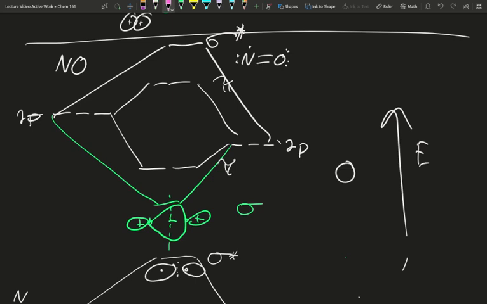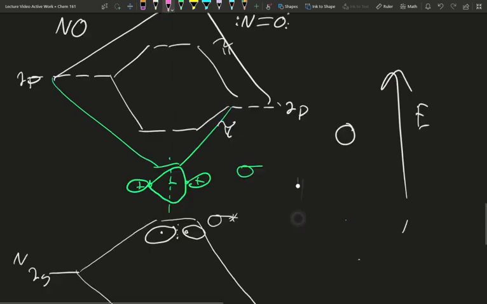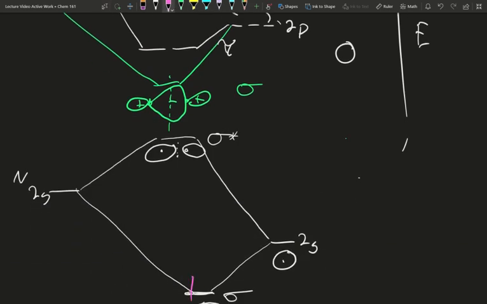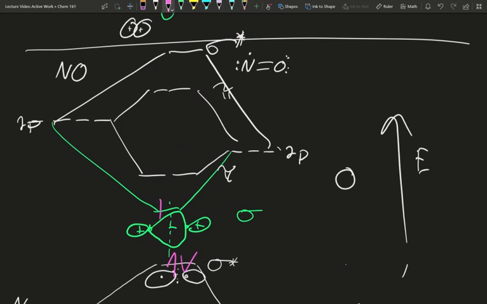Well, nitrogen has 5 electrons, oxygen has 6, so we would start filling from the bottom. 1, 2, 3, 4, 5, 6, 7, 8, 9, 10, 11. We would predict from this that NO should be paramagnetic and should have 1 unpaired electron.